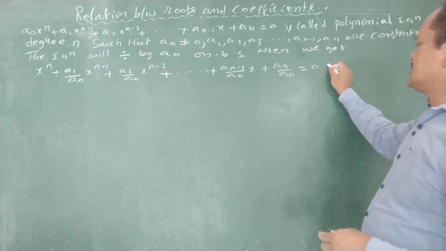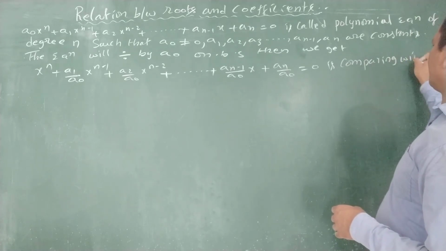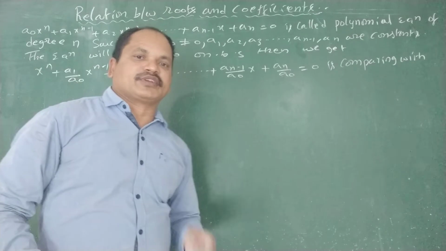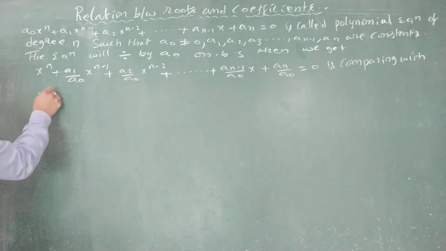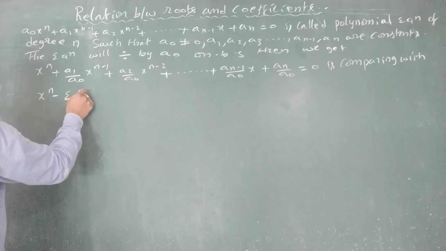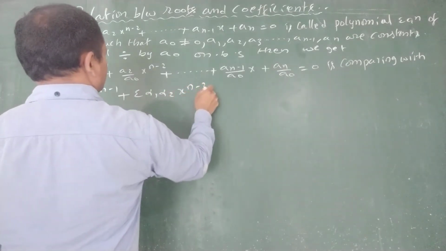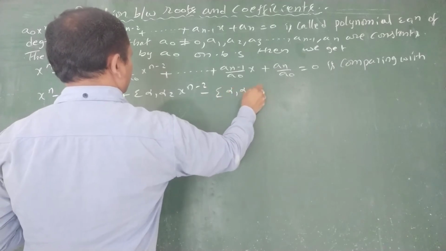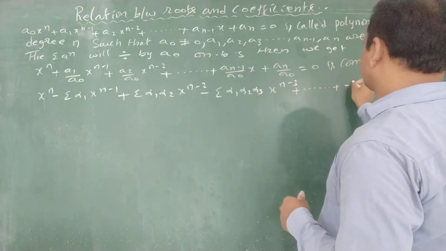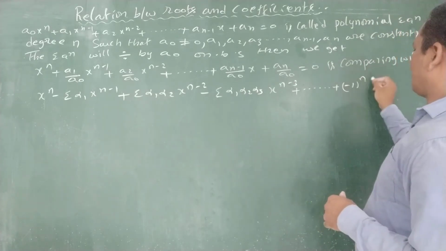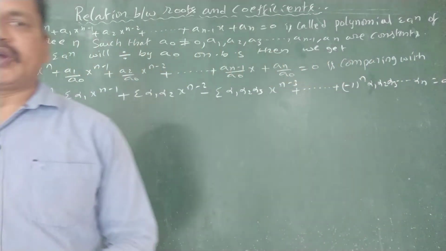So this one is compared with the polynomial equation whose roots are alpha 1, alpha 2, alpha 3, and so on up to alpha n: x power n minus sigma alpha 1 x power n minus 1 plus sigma alpha 1 alpha 2 x power n minus 2 minus sigma alpha 1 alpha 2 alpha 3 x power n minus 3 plus and so on plus minus 1 power n into alpha 1 into alpha 2 into alpha 3 into and so on alpha n is equal to 0.